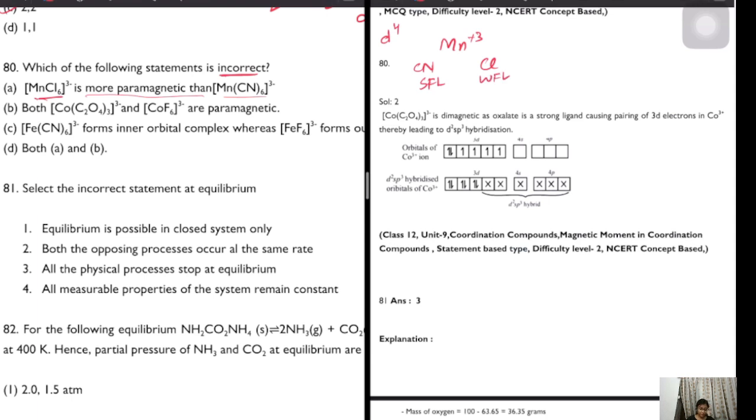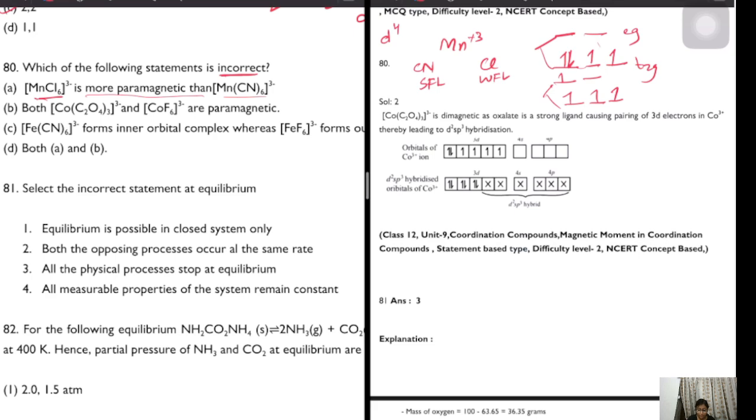Okay. So, what happens here? For example, we have this situation, t2g and eg. If we have to fill d4, for CN, there would be a stronger field ligand, that is the pairing. Firstly, these are occupied singly, you all know, right? And then for chlorine, what will happen? It will not be able to pair, so it will go like this.